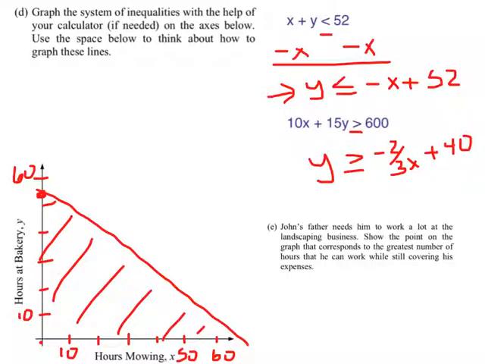I'm going to pick a different color for the other one, and let's use green for this equation. On the y, if I'm at 0 down here, he can go out to 40, so we have a point right there at 40. And if I figure that one out the other way, he can go a little beyond that, I believe. You can get the points right off your calculator, okay? A solid line there, and that one is going to be greater than, so that's going to be shaded above.